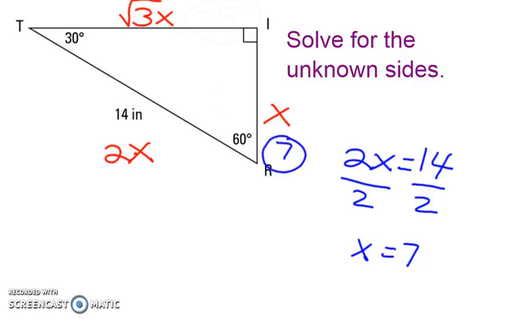And then over here, I just simply take my 7 and multiply it by square root of 3. I've put the 7 in the front of the square root of 3, because we always put whole numbers in the front. So depending on what side you're given, you may have to find out what x is first, which we did here, and then you're using that x value to multiply and get the other sides.